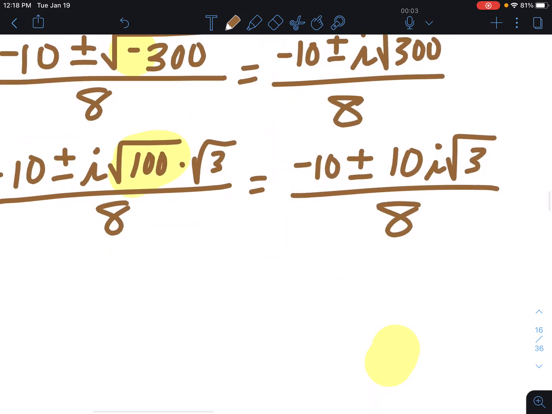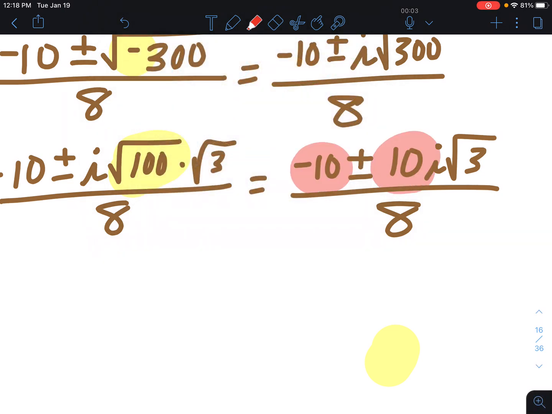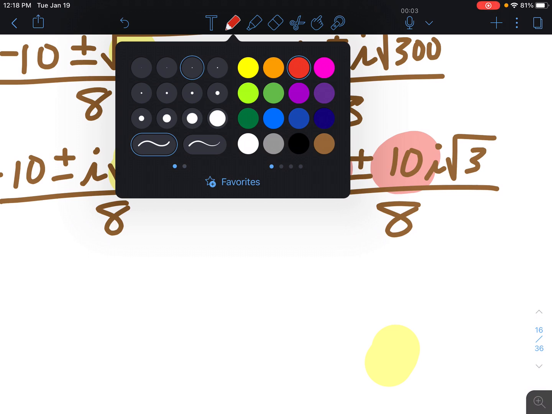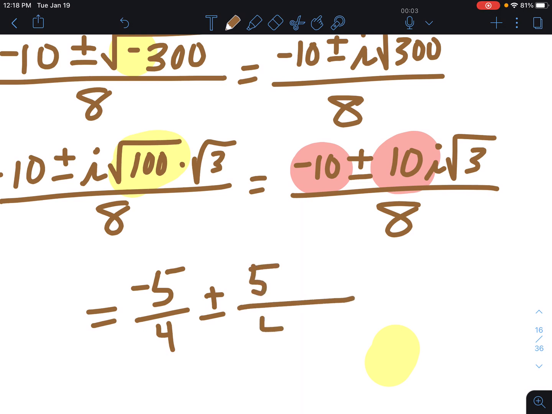And then if we take a look at these two numbers here, they can divide by 8. Not perfectly, you still get a fraction. So negative 10 over 8 is negative 5/4. And the other 10 over 8 is 5/4.